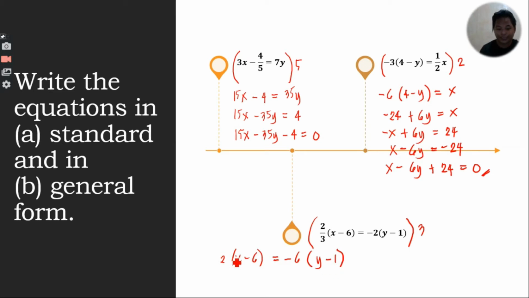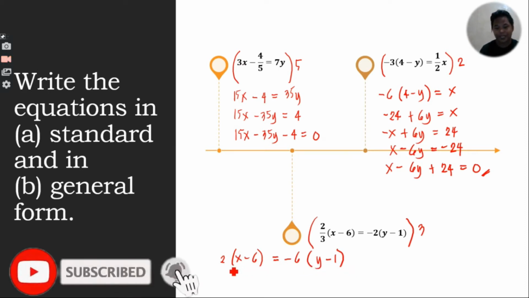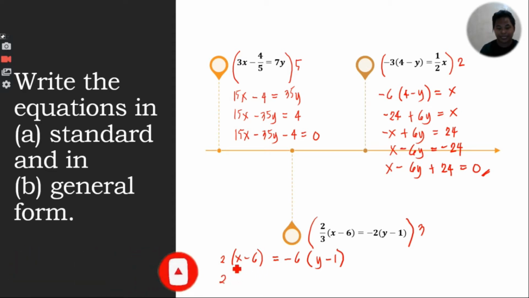Distribute all the values 2 and negative 6 to these quantities. So 2 times x is 2x, 2 times negative 6 is negative 12 is equal to negative 6y plus 6, since negative 6 times negative 1 is positive.